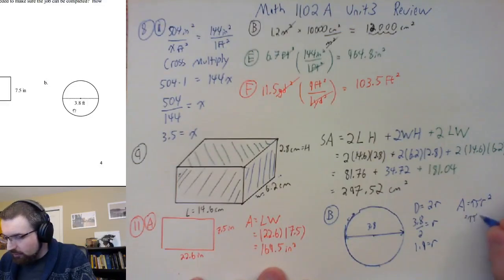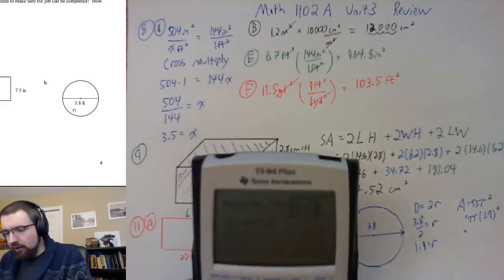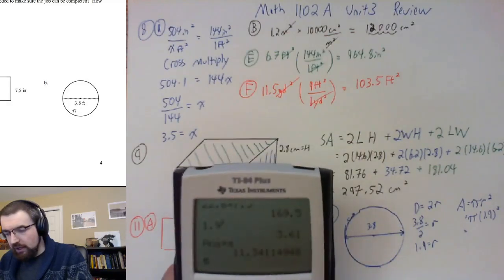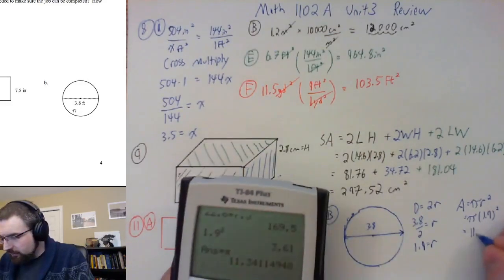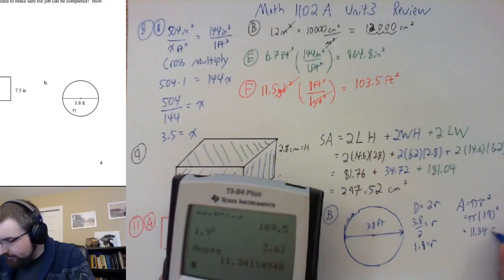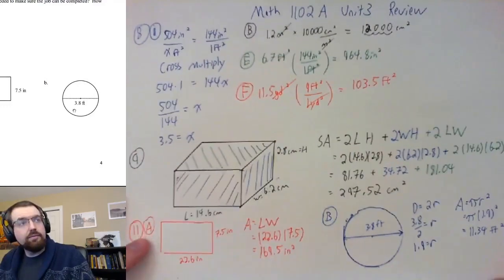So in this case, it's going to be pi times 1.9 squared. 1.9 squared is 3.61, times that by pi, and we get 11.34 square feet. And there we go.